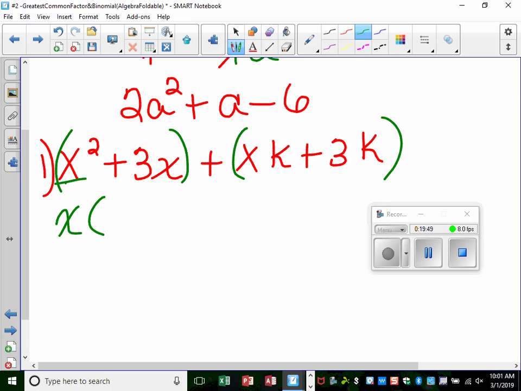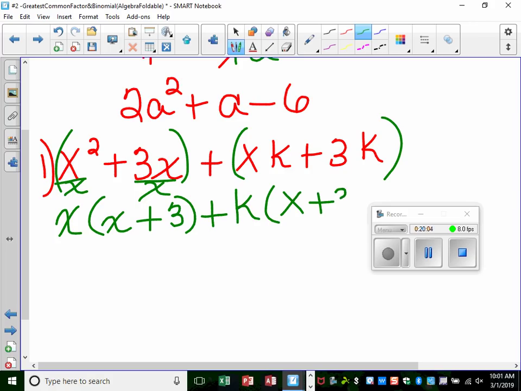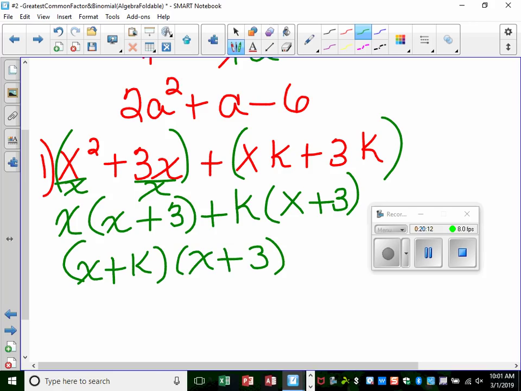So when I divide these by x, that's just going to leave me with x plus 3. Second set of parentheses, I can only take out a what? A k. So when I divide by k, I'm going to be left with x plus 3. So then my final answer, x plus k times the x plus 3. Okay, so that's exactly what we just finished doing a few minutes ago.